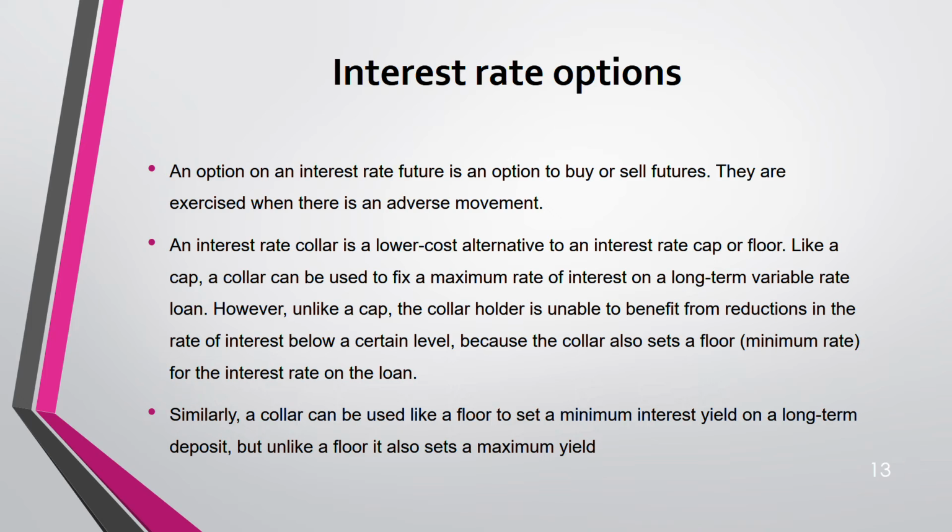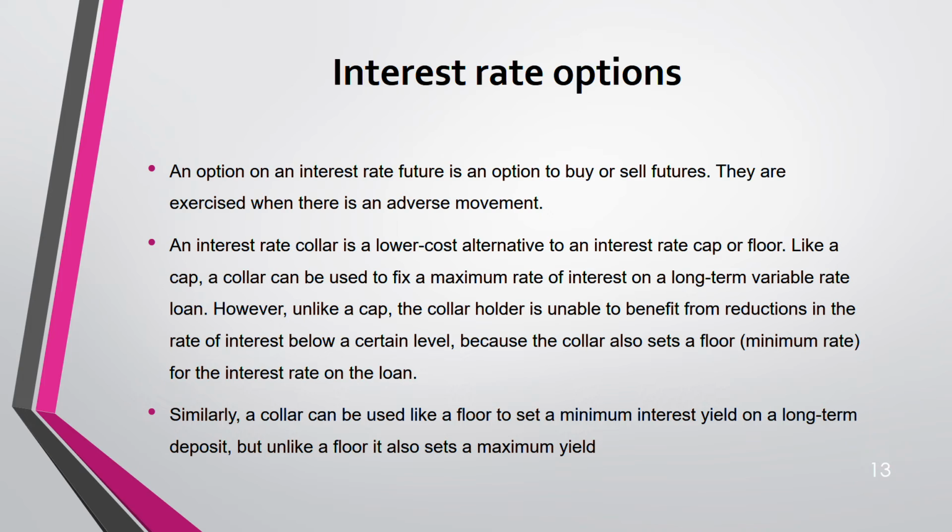In short, collar sets the floor and sets the cap. It limits both the sides. The upside also, downside also. But in cap, it is only one side. Floor, it is only one side. In floor, you can go up as much as you want; below a certain level, you will not go down.